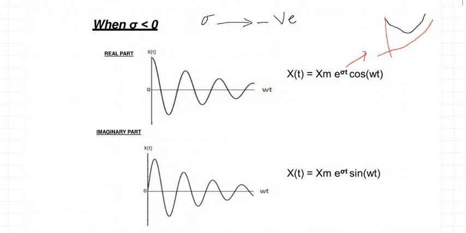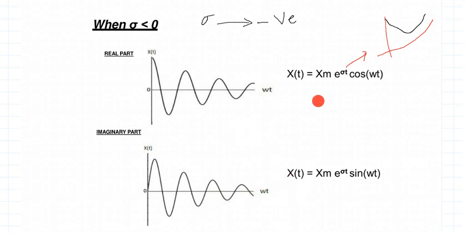So now you are multiplying such an exponentially decreasing signal with a cosine and a sine wave, which will result in a signal whose magnitude keeps on reducing with respect to time. As you see here, the cosine wave's magnitude is continuously decreasing with respect to time. Similarly, the sine wave also has the same effect, right?